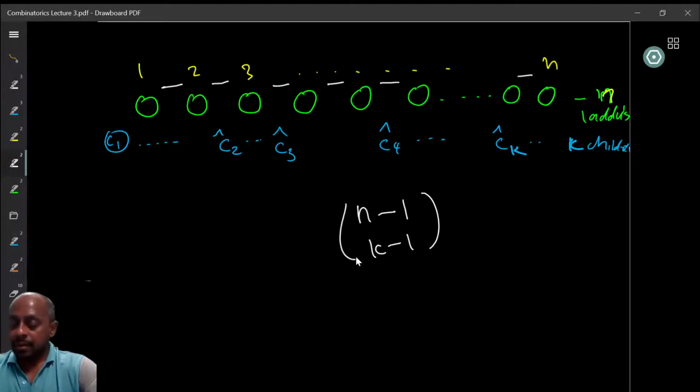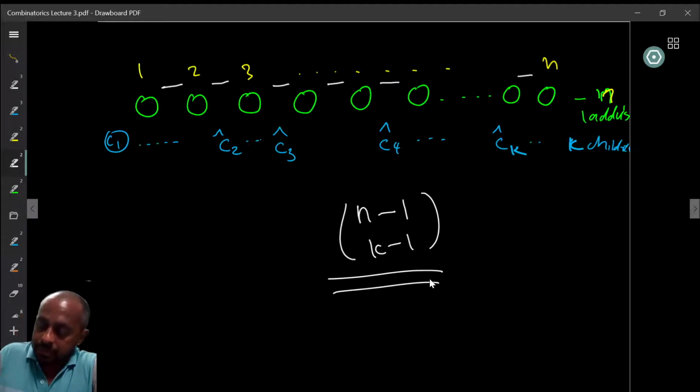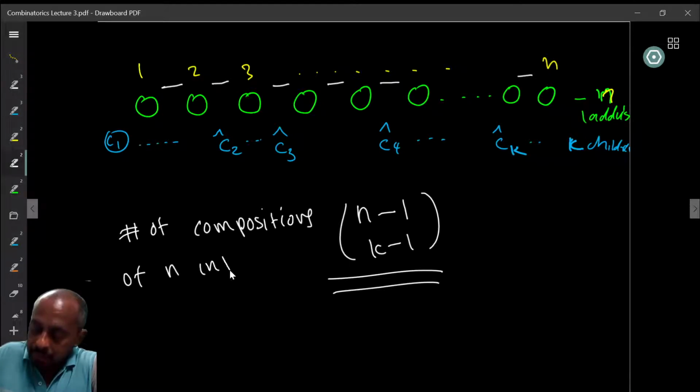And we get that the number of possible compositions of n into k parts is n minus 1 choose k minus 1.